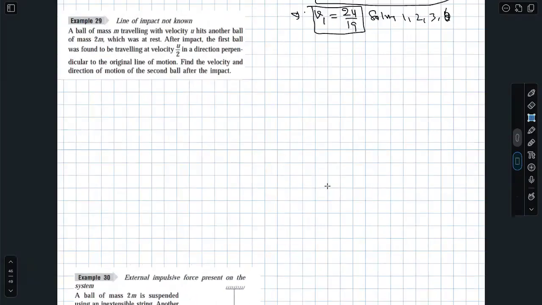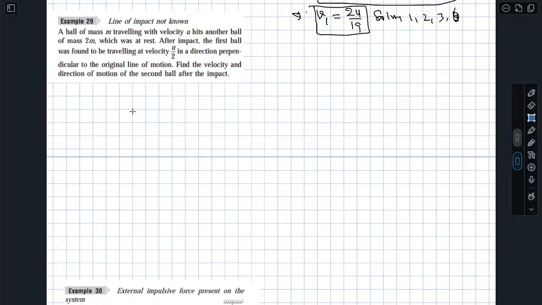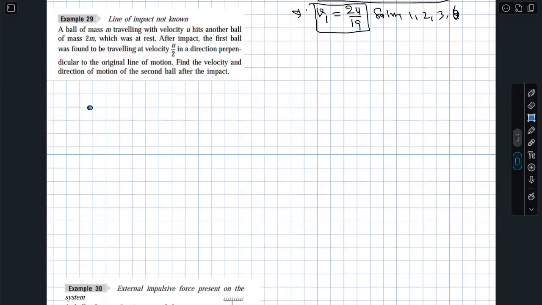Look at this question, example 29. In this case, the line of impact is not known. A ball of mass m traveling with velocity u hits another ball of mass 2m which was at rest. After impact, the first ball was found to travel with velocity u/2 in a direction perpendicular to the original direction. I now have a clear idea about the question. The first ball, this is the second ball before collision.